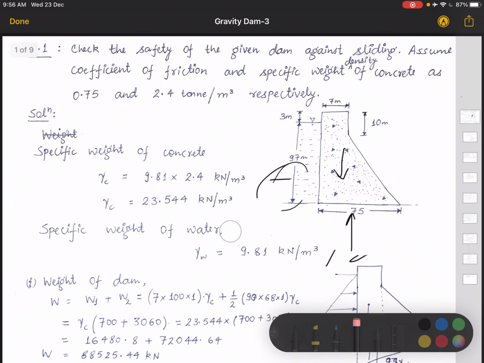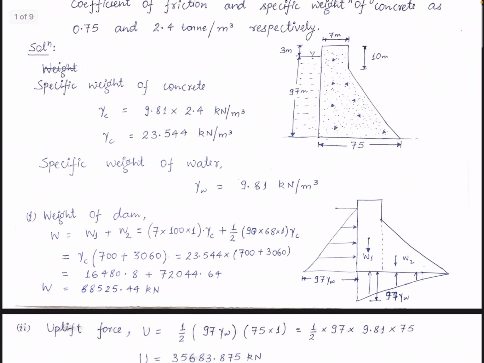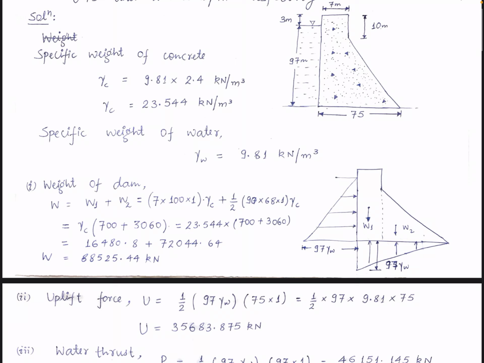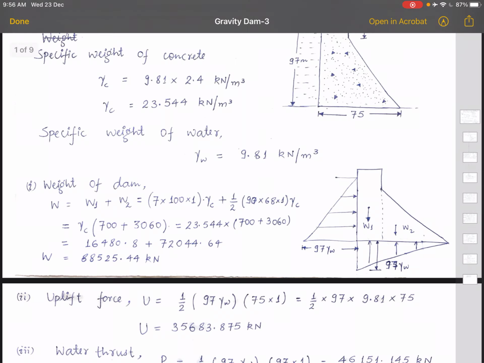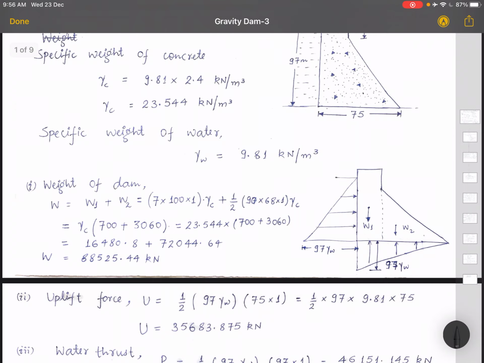While discussing the weight, I have told we have to divide the structure into simple areas. This was a trapezium, so we have divided it into a rectangle and a triangle. Individually we will calculate W1 and W2, and this is a triangular variation, so no problem, directly we can get the area.